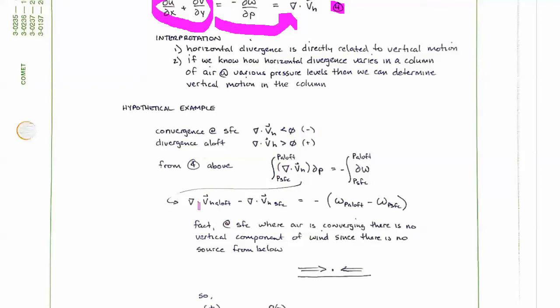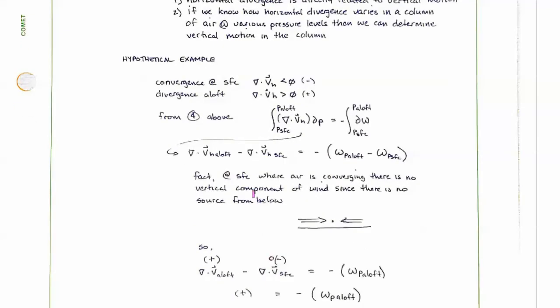So let's take a look at it. Here's divergence aloft minus divergence at the surface equals negative omega aloft minus omega at the surface. Now let's take a look at a fact, and this drawing is what we're trying to show here.